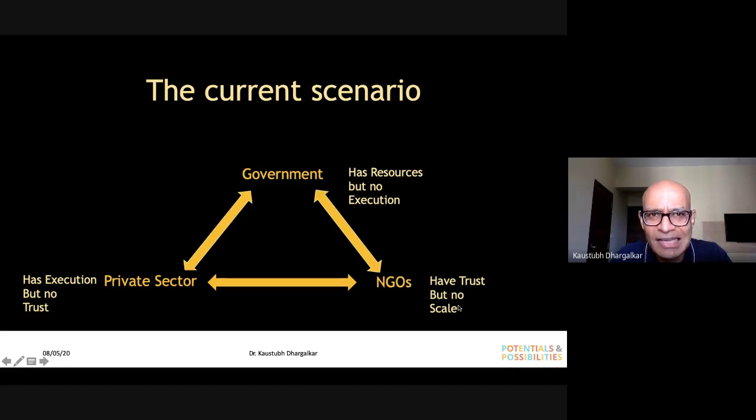I don't have solutions for this, but in your respective domains, think how you can create platforms, I repeat, platforms for government to establish last mile execution capability, for private sector to capture public trust, and for NGOs to be able to operate at scale. So in your domains, think how you can create these synergies.